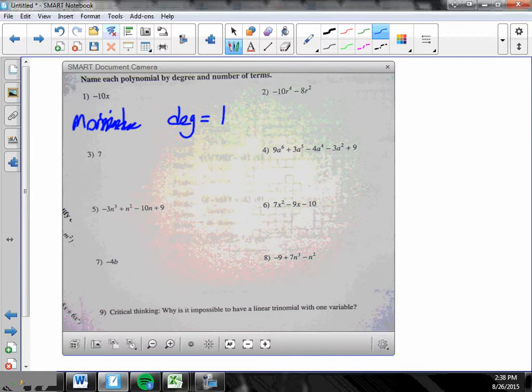Think critically. Why is it impossible to have a linear trinomial with one variable? Okay, wait a minute. What does linear mean? Straight line. What are the characteristics of a linear polynomial? What does it mean to have a linear polynomial? Okay, well, it says one variable.